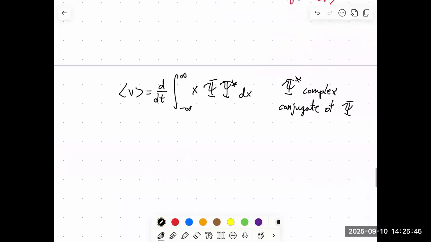Okay, so let's just note that x is an integration variable, not a time-dependent position.